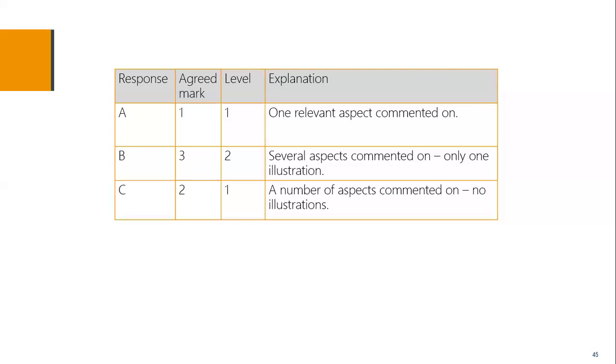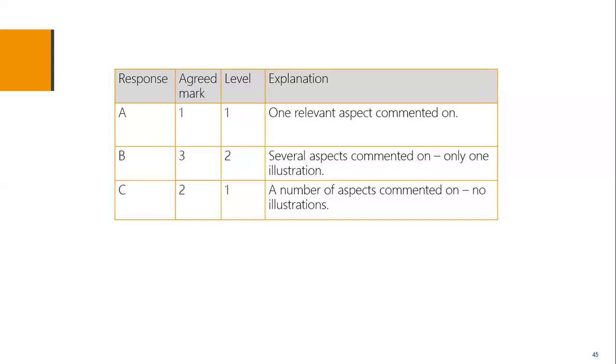For the levels, to get the higher marks, you've got to use all the information that's provided and apply it to your own knowledge. So just writing what you know about different types of mutation will limit you if you don't apply it to the information you've been given on the exam paper, which is why the final one was limited to level 1.